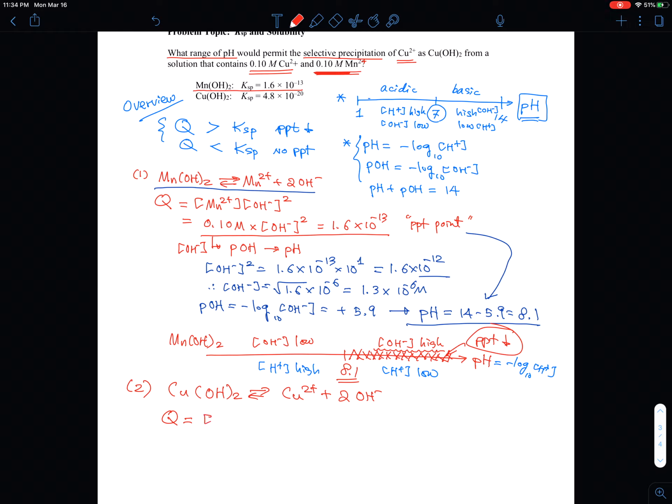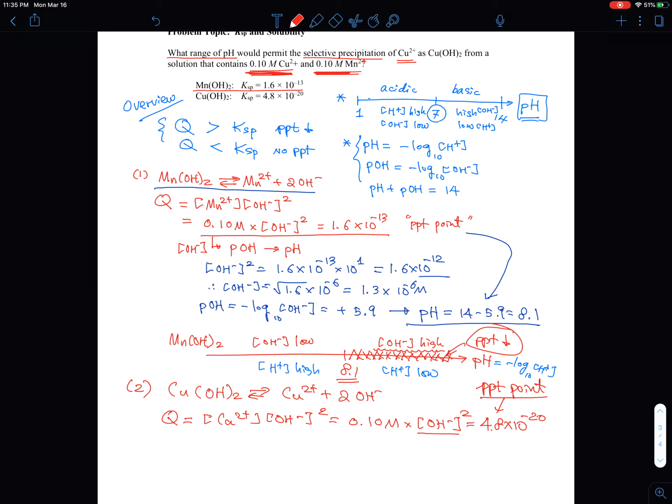Q is Cu2+ times OH- squared, with 0.10 molar for copper, and the OH- concentration is what we're going to figure out. When Q is the same as Ksp, 4.8 times 10 to the minus 20, that's once again the precipitation point.